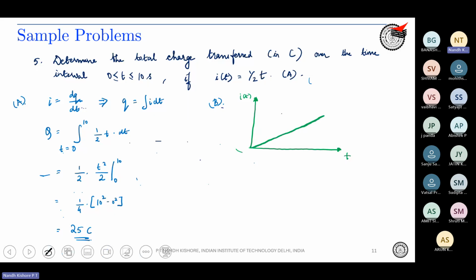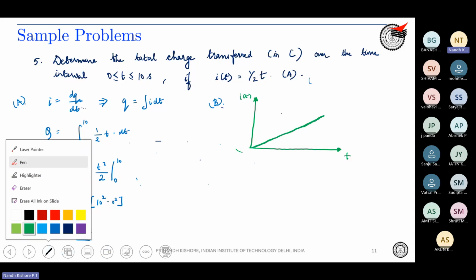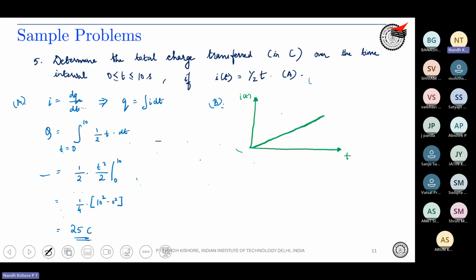Just that we have to take care of the data points. Okay, so this is 0, this is 10. Since they have given it as half into t, at 10, we will be getting 5 amperes. Likewise at 5 seconds, we will be getting 2.5 amperes.